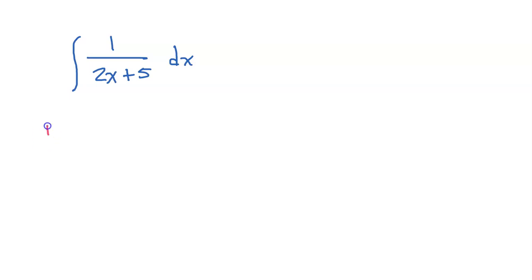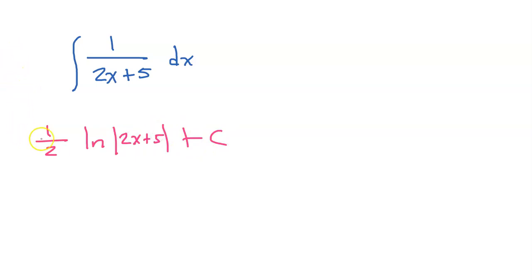So that's just going to cause a 1/2 to show up in the front. The rest of the problem is easily done in your head because you have 1 over u. So you know the integral of 1 over u is natural log u plus c. And of course the u was 2x plus 5.